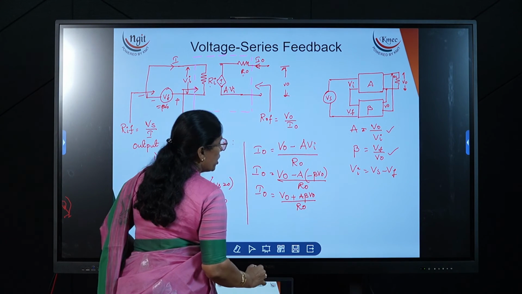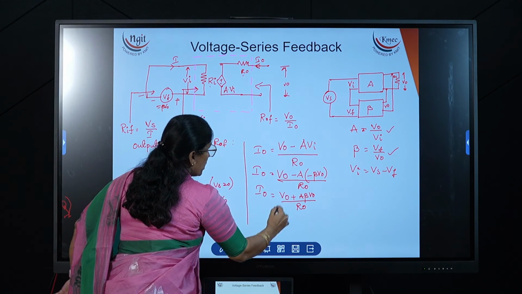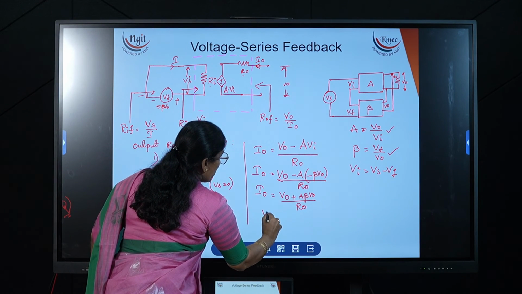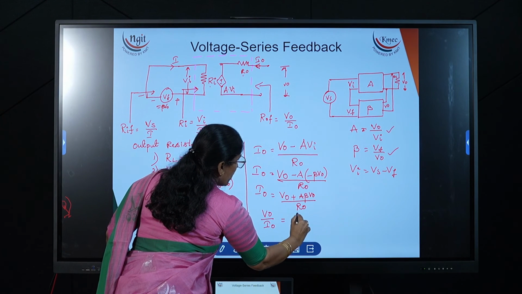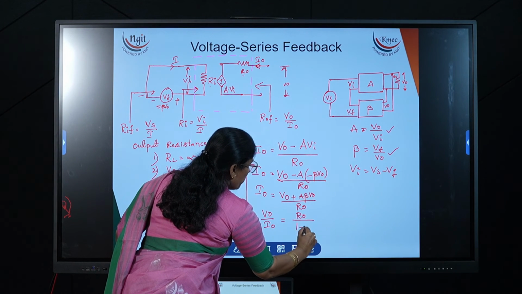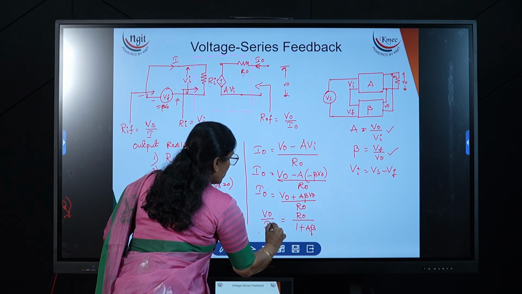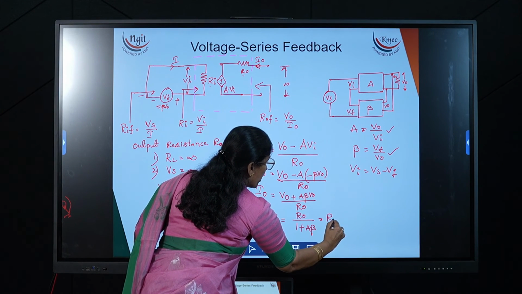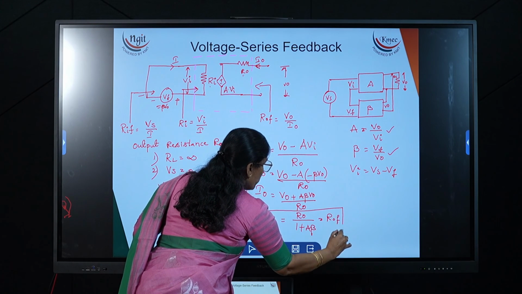Now I'm taking V naught common, and then I will get V naught divided by I naught is equal to R naught divided by 1 plus A beta. Now with this negative feedback, what happened? This V naught divided by I naught is nothing but R naught F. So R naught F is equal to R naught divided by 1 plus A beta.